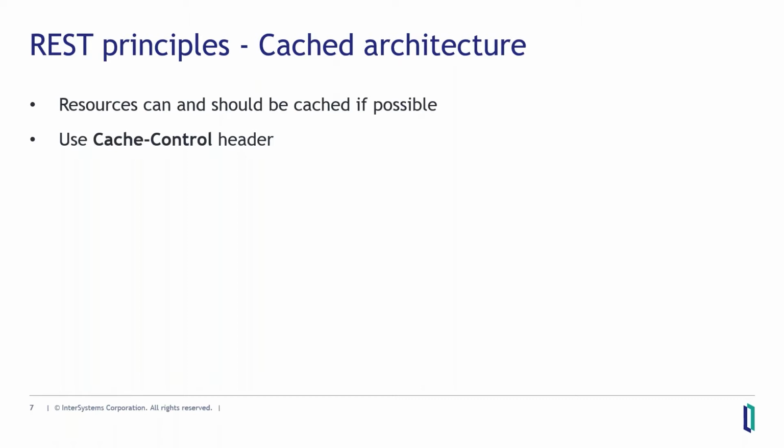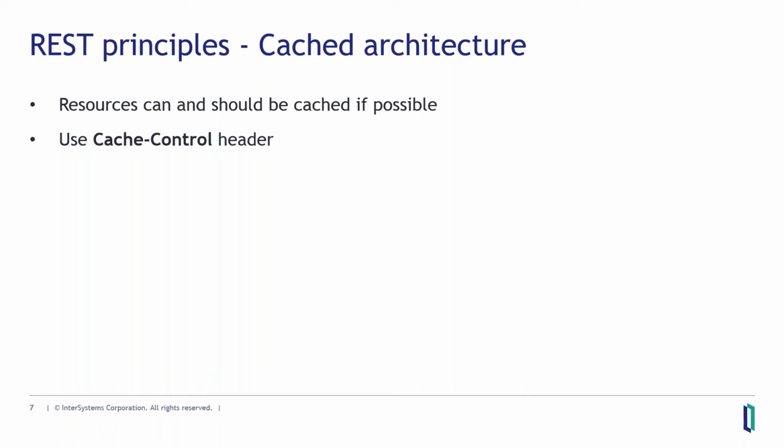And some of these resources could and should be cached if it's possible. For example, let's say you're building a REST API about books, some library information, and information about one book doesn't change very often. It doesn't really change at all, except in some extraordinary cases.